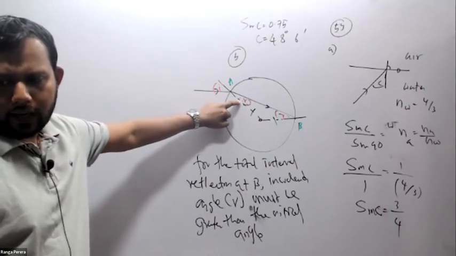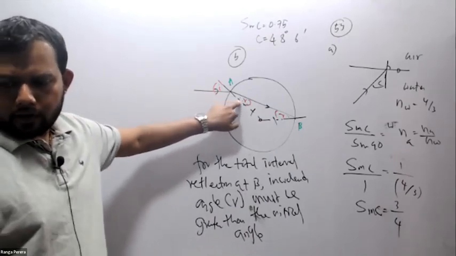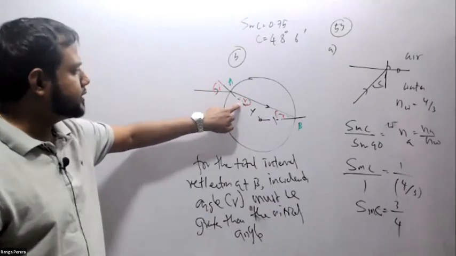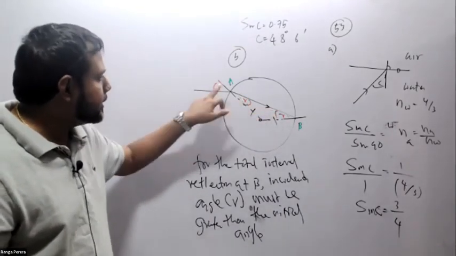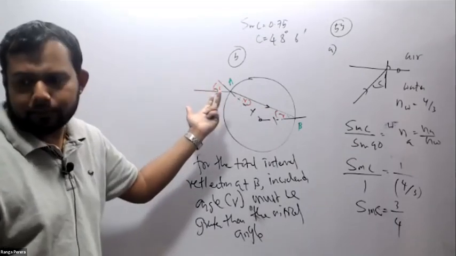Can it be greater than the critical angle? It is impossible. The reason is, if that is greater than the critical angle, this must be greater than the critical angle. This must be more than 90, which is impossible.